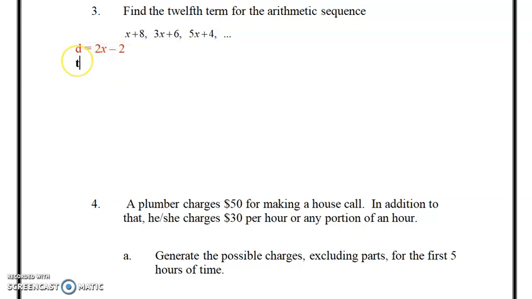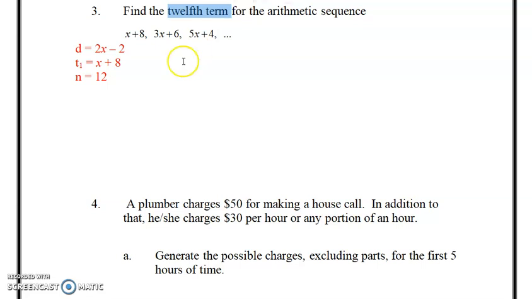The first term, t1, is equal to, again it's the first term, x plus 8. Next, we know we have n. If you read the question, n is equal to 12, because right here it says find the 12th term.